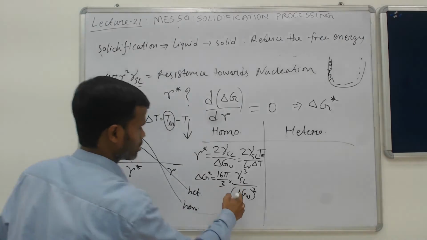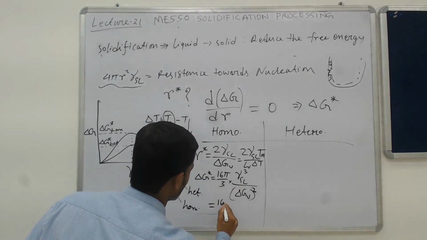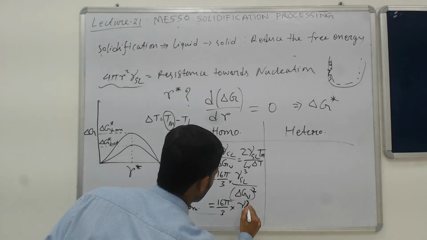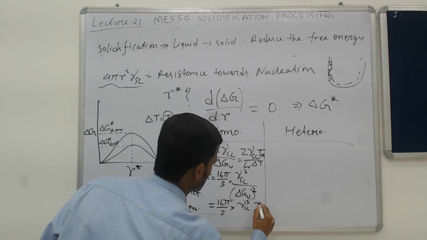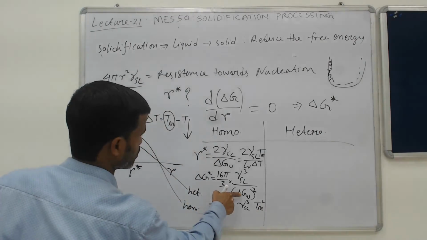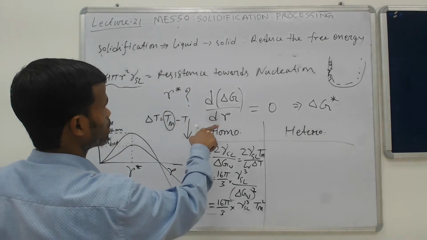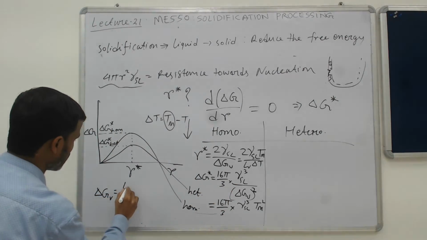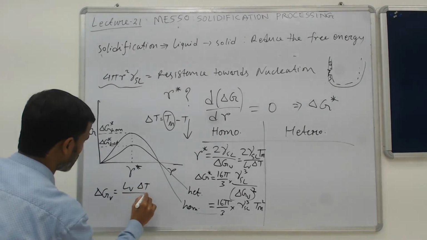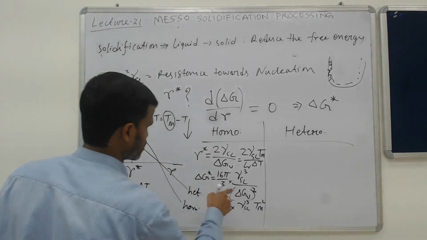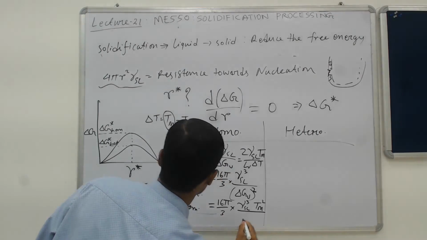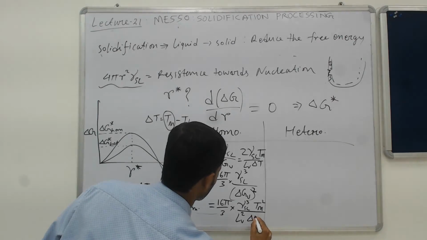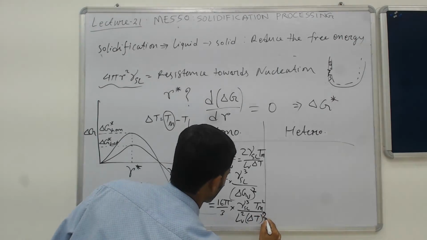If you write it again in terms of the undercooling, 16 pi by 3 gamma SL cube, then Tm by LV square delta T square, because delta GV, as we have written earlier, is LV delta T by Tm. So just replacing this here, we get Tm by LV square delta T square.